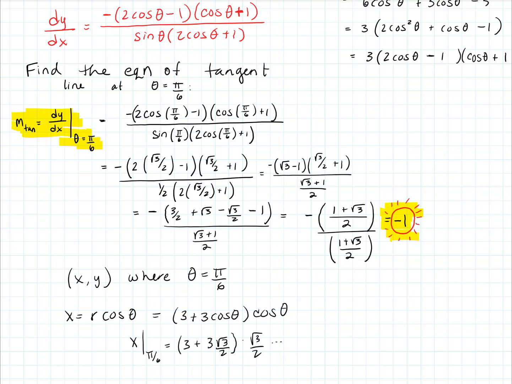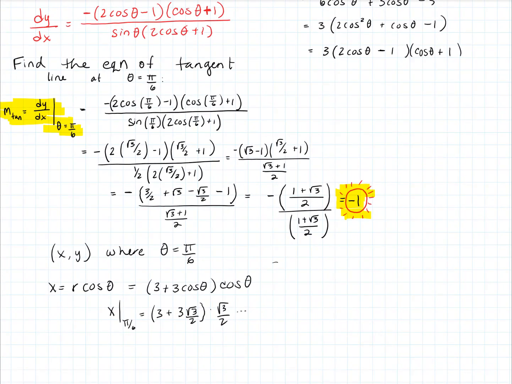We'd find the x, we'd find the y, we'd do the algebra and come up with the line. So I'm just going to leave it there.